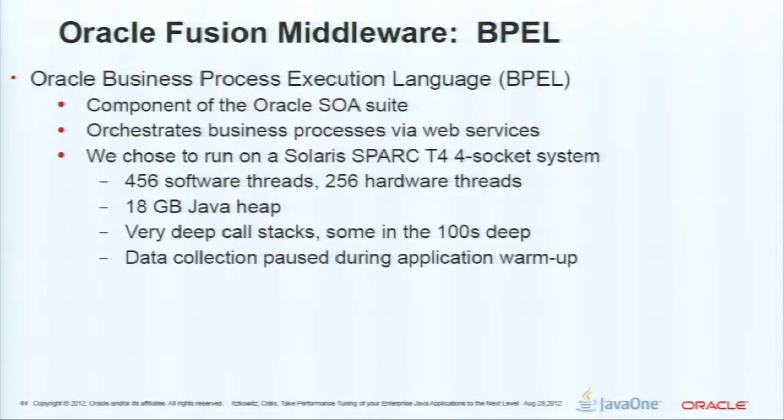The important takeaway is that we're talking about very complex, very large programs here. In particular, if you know the Fusion application suite, we're profiling the BPEL, or Business Process Execution Language, part of it, which is a component of SOA.